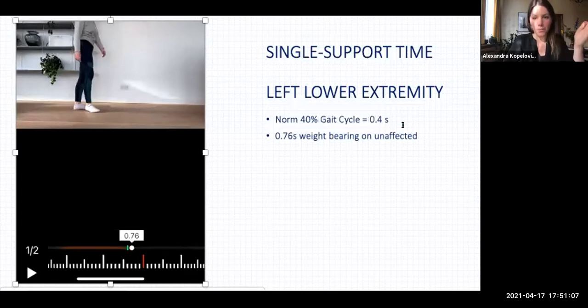So our norm for single support time is 0.4 seconds for both right and left lower extremities. What we observe in our patient case scenario is that the patient is weight bearing on the left lower extremity for 0.76 seconds, which is almost double the expected time and double the time of the right lower extremity.